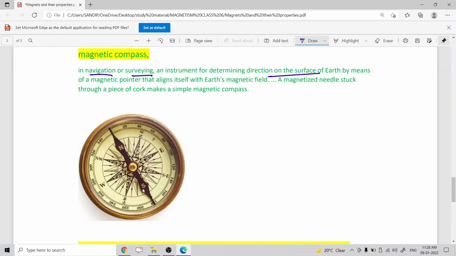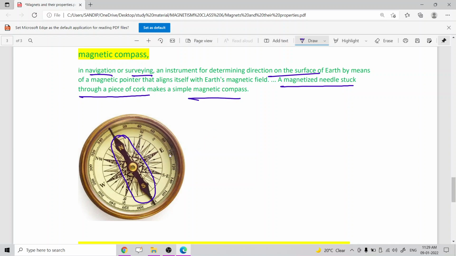Here we can see that this one is a magnet and it has two poles, one is north and another one is south. And if I want to give an example, you can say that a magnetized needle stuck through a piece of cork makes a simple magnetic compass.